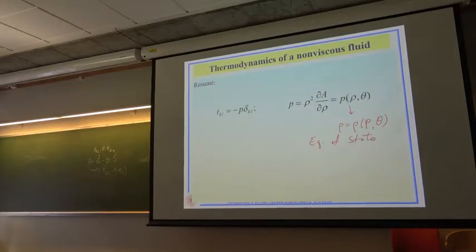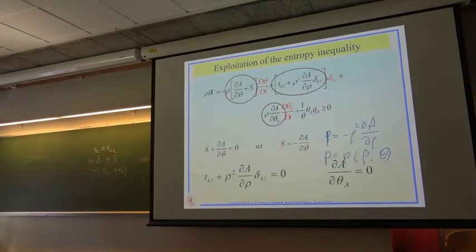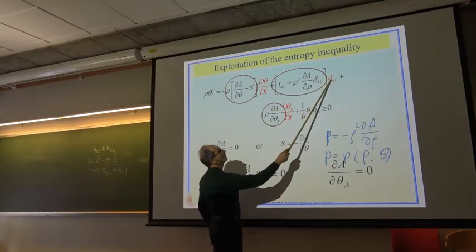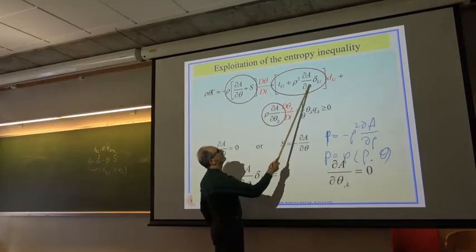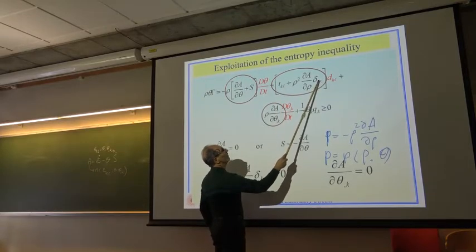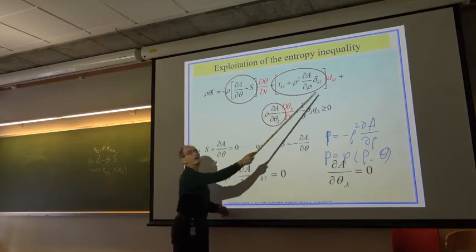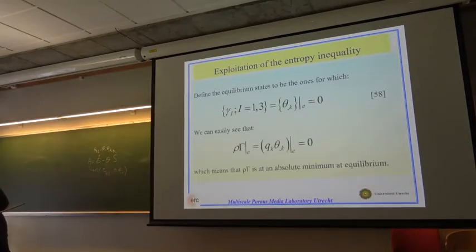We got that the stress tensor must be an isotropic state of stress because this term was not in my set of constitutive equations. That forces this to be 0. If we don't want this to be 0, we say, okay, everything must depend on that as well. Then it's not linear anymore. And in fact, for viscous fluids, that's what we should do.